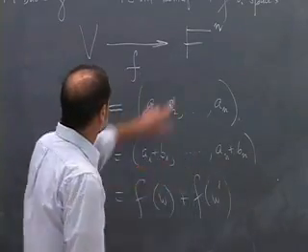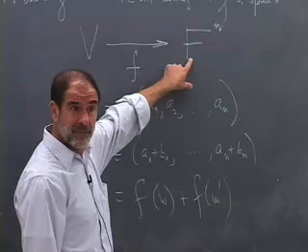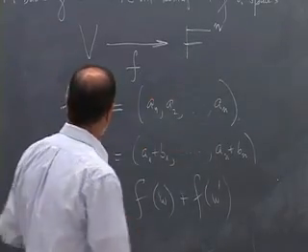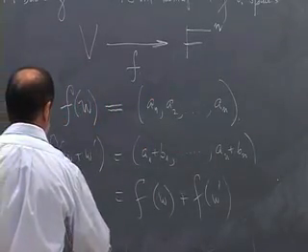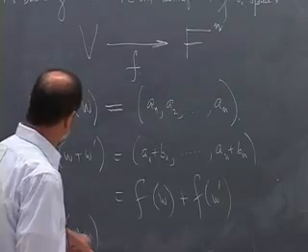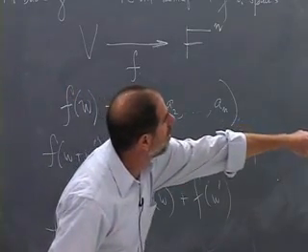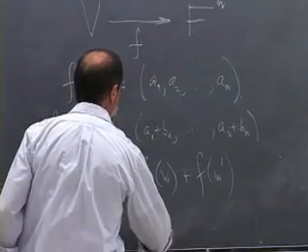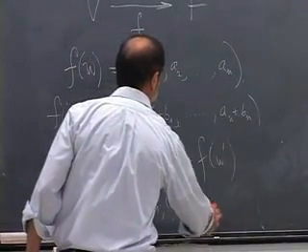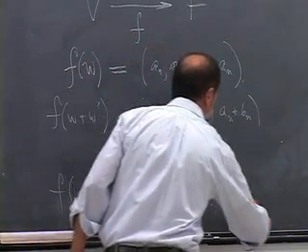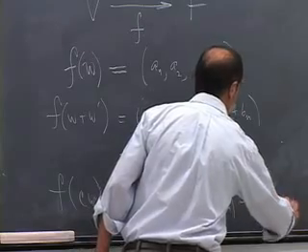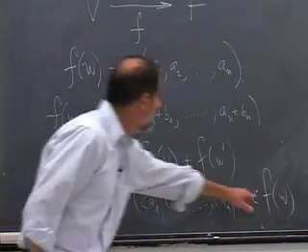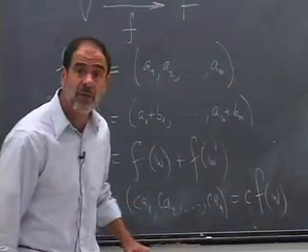Because this is the addition law in this vector space. Likewise, if we apply f to a constant times w, well, if you multiply w by a scalar, you multiply all the coefficients of the v's by that scalar, so you get ca1, ca2, can, which is nothing but c times f of w, because this is scalar multiplication in this vector space.